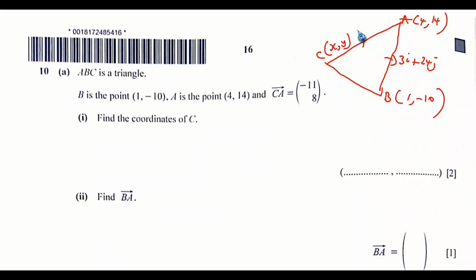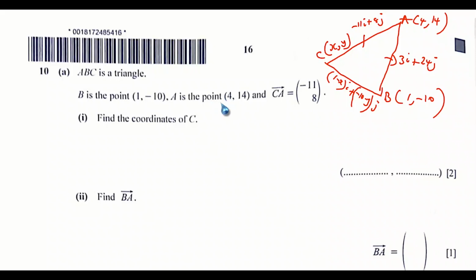So we're going to have minus 11i then plus 8j. So for this one here, we are going to have 1 minus x into i, then plus minus 10 minus y, that is minus 10 minus y into j. So that is what we are going to have here.